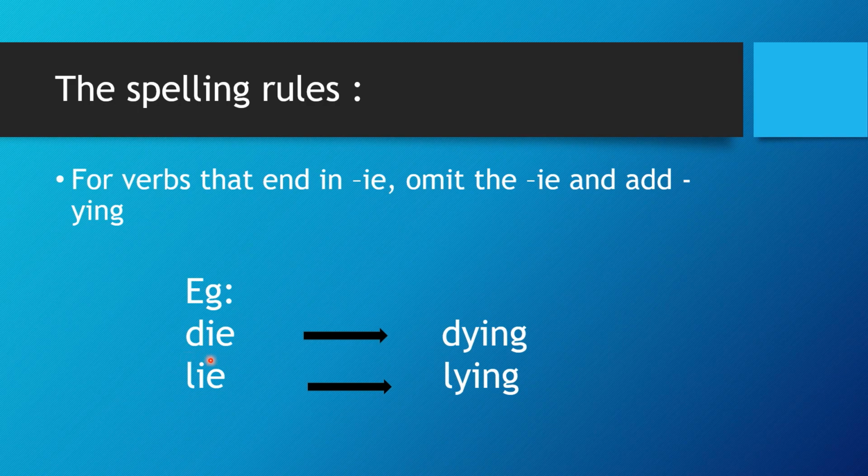Okay, so we omit the IE and then we add YING. So it becomes DYING, dying. And for lie, so we omit IE, then we add ing, so it becomes lying. Lying.